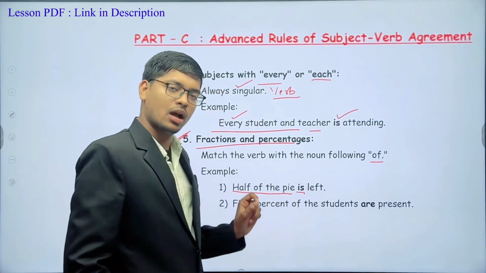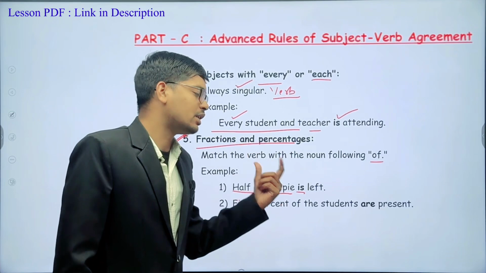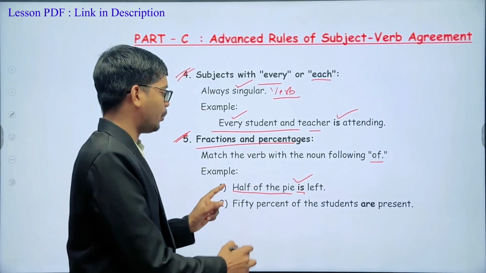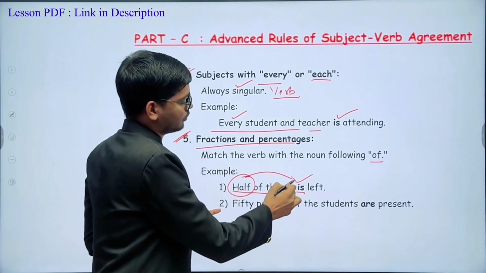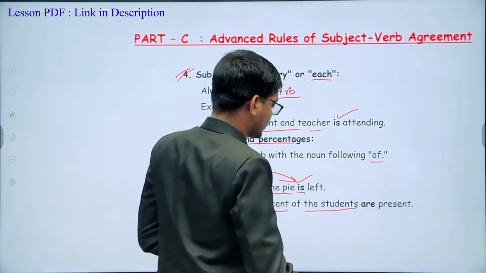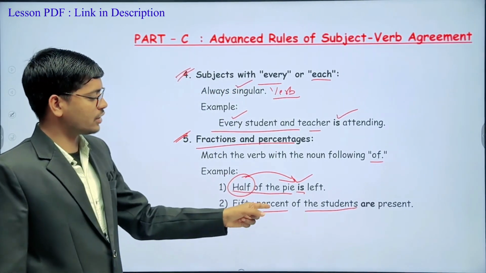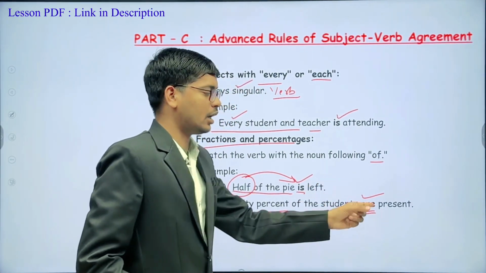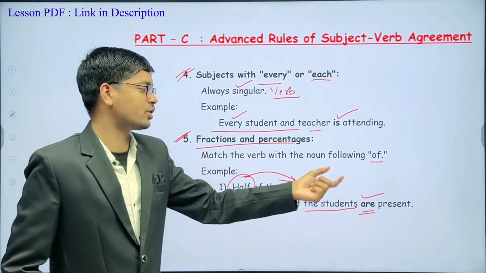Half of the pie is left. Here you can easily understand, half of the pie. Next, 50% of the students are present. 50% of the students are present.